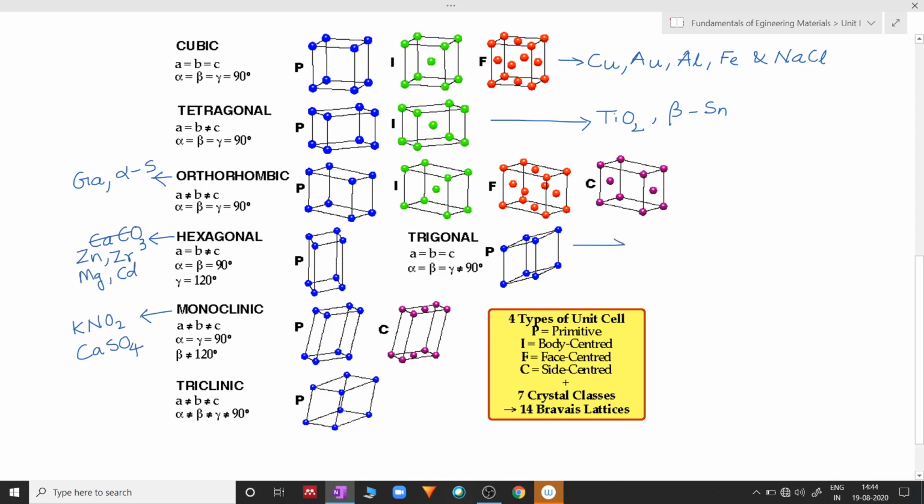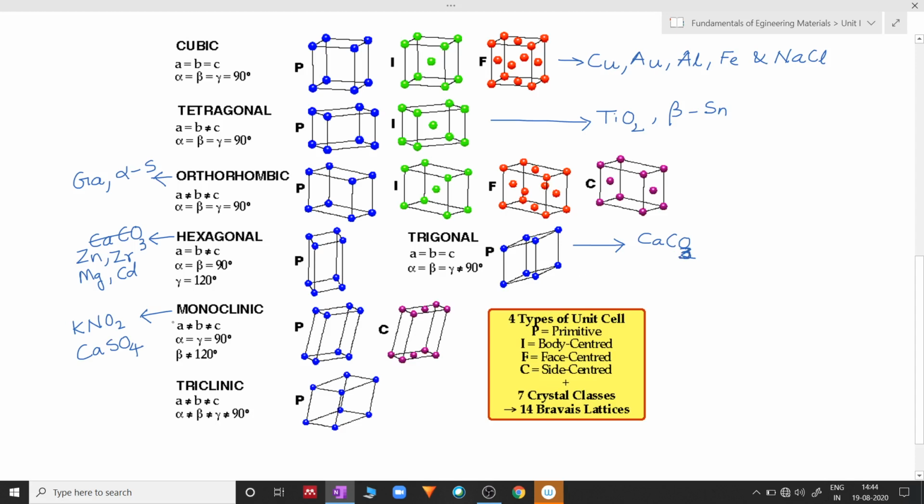So the example for this is calcium carbonate, CaCO3.